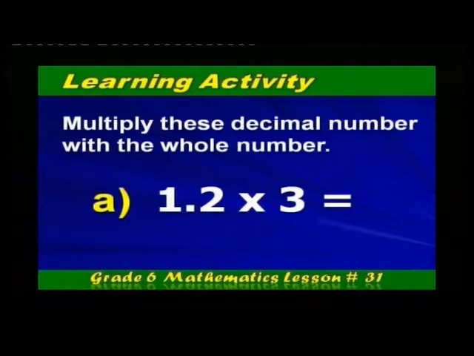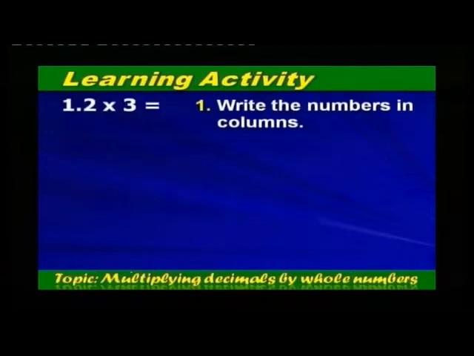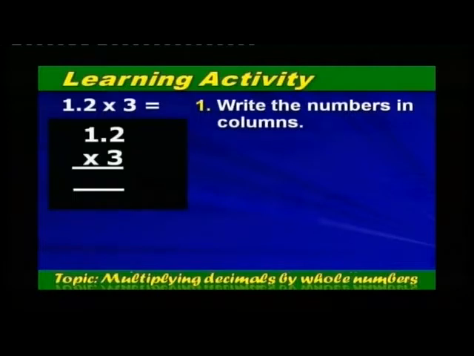So students, when we are multiplying a decimal number and a whole number, the first thing that we should do is write the numbers in columns. Arrange them in columns. For example, like that. So when you are given the number sentence horizontally, you must try to put them in columns, or vertically, so that it can be easy for you to multiply.